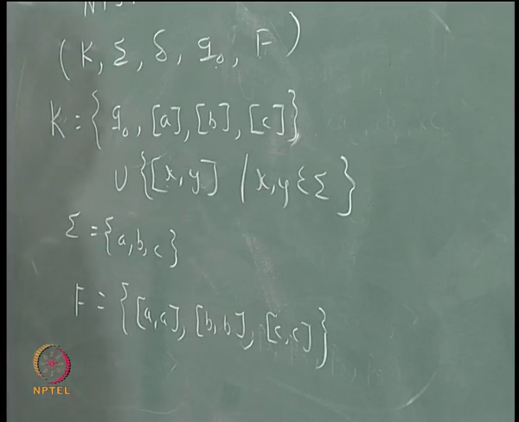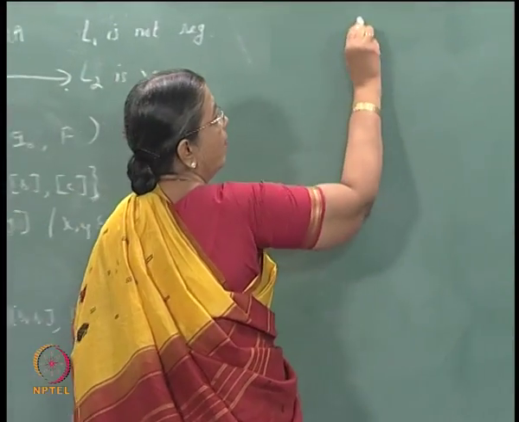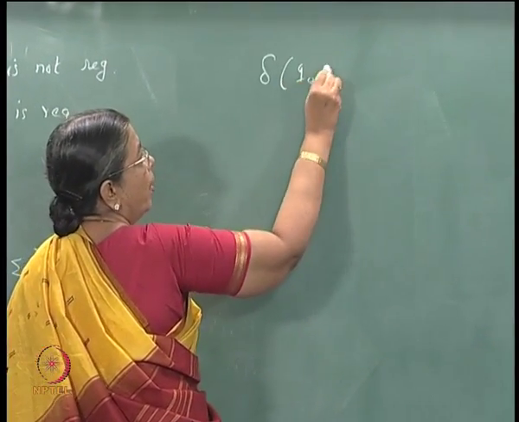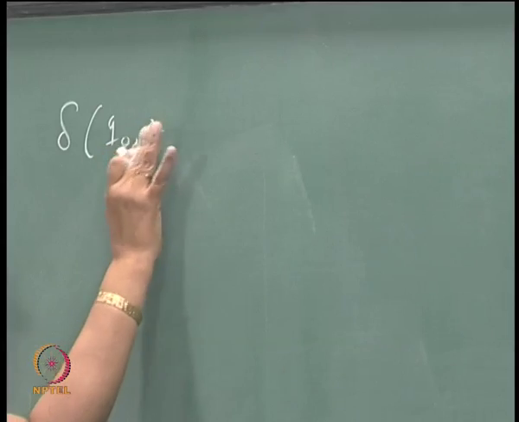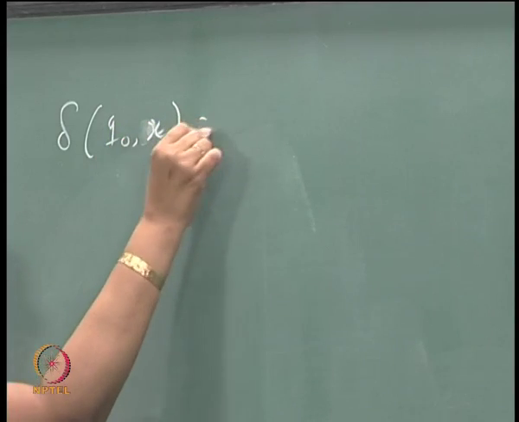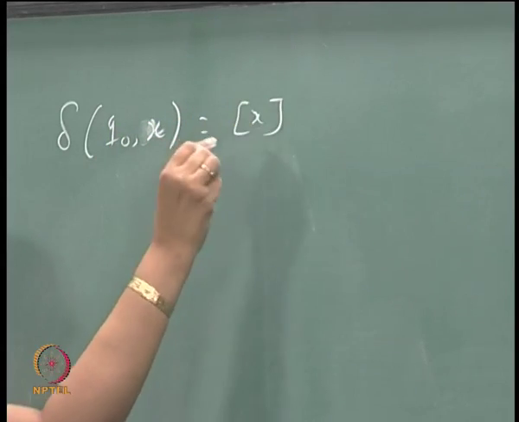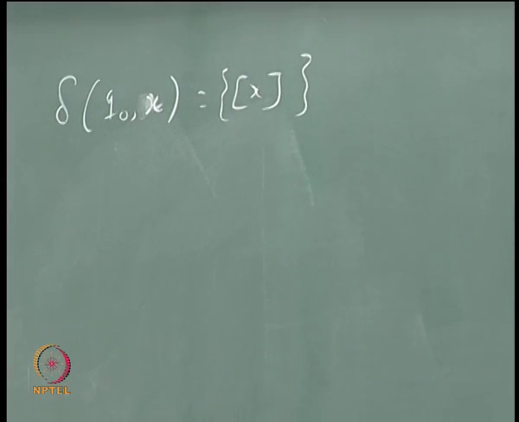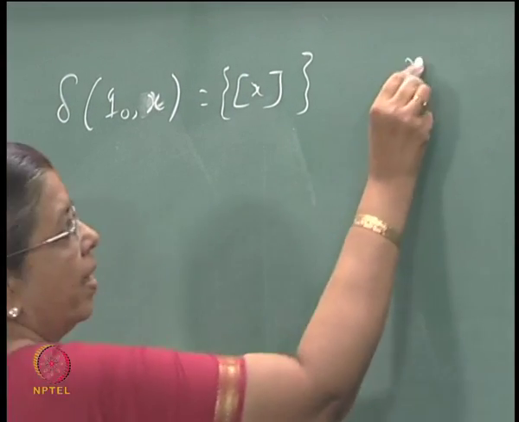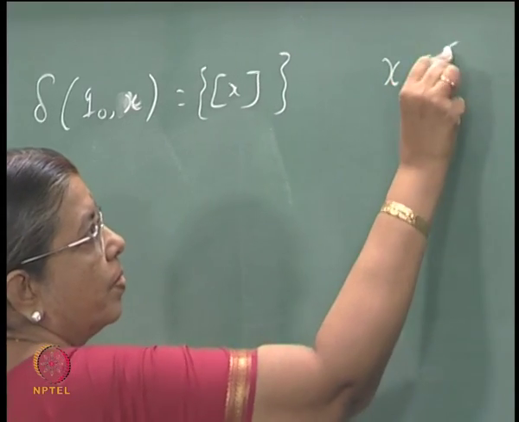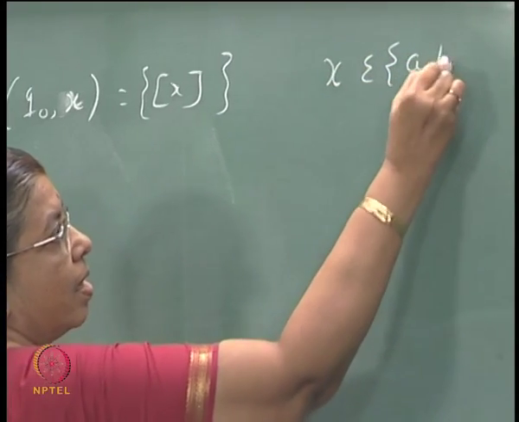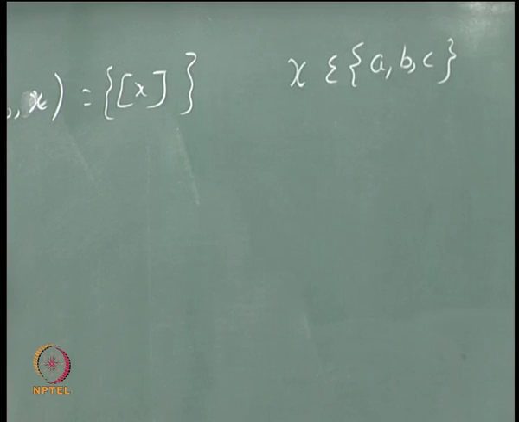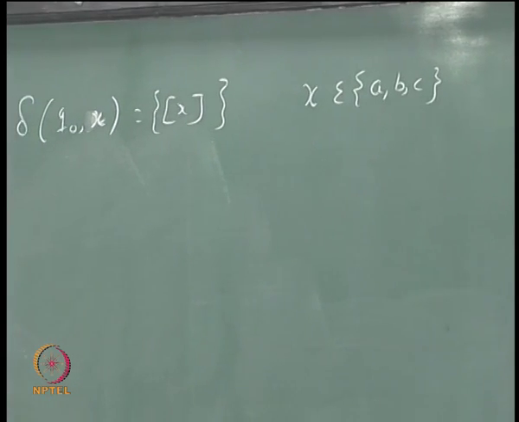So, it is defined like this: delta of Q naught, x, is equal to x, where x can be A, B or C, x belongs to A, B, C, right.